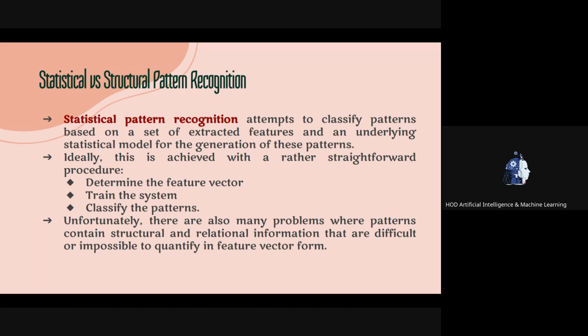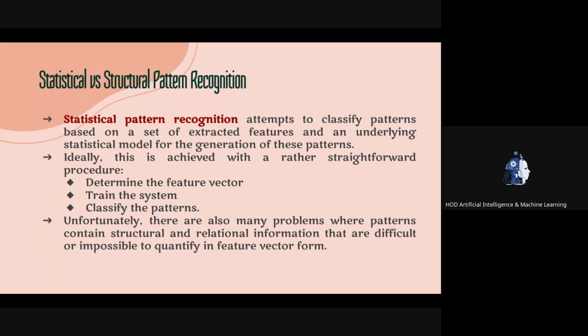Unfortunately, there are also many problems where patterns contain structural and relational information that are difficult or impossible to quantify in feature vector form. So there are some patterns where it contains some structural and relational information, because the matching will happen only based on the structure.